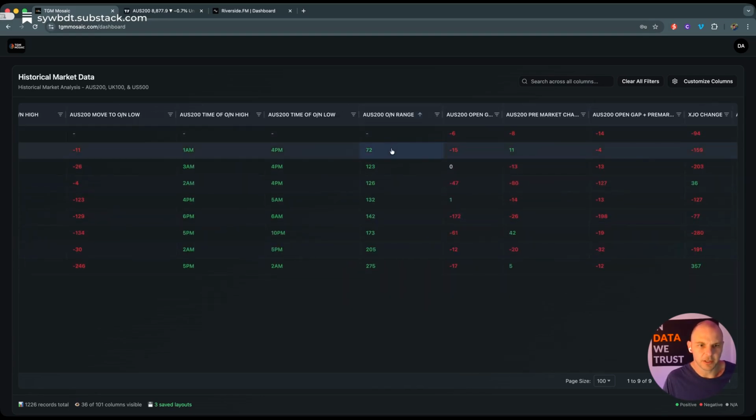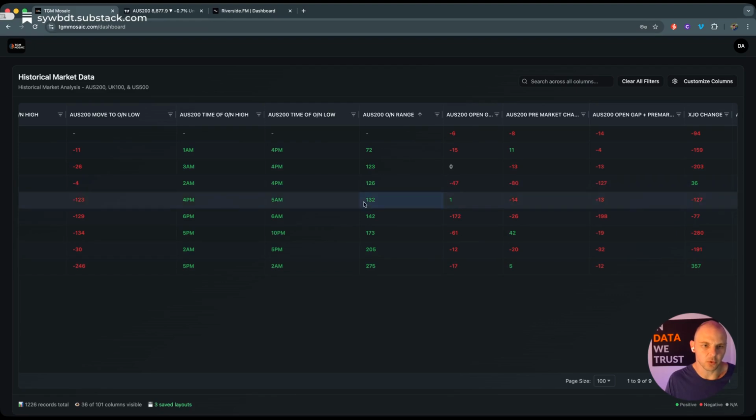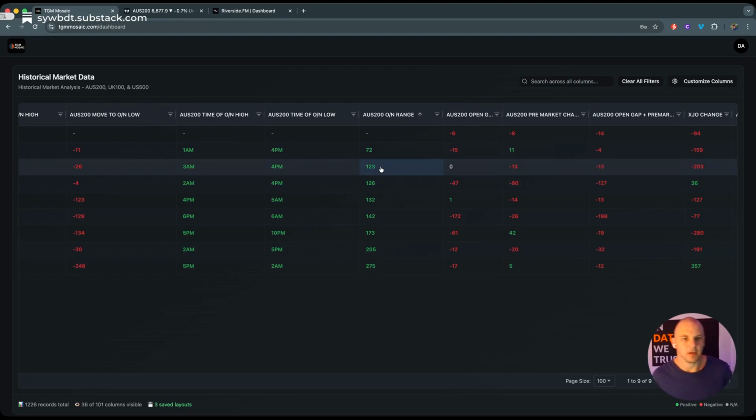The overnight range, okay? You can be expecting definitely upwards of 70 points historically, and more likely 120 points plus. So that just helps you in terms of, okay, say we're in that position, we've fallen 50 points in the evening, it's starting to turn around. You think the US is going high, you think it's going to be a big rebound.